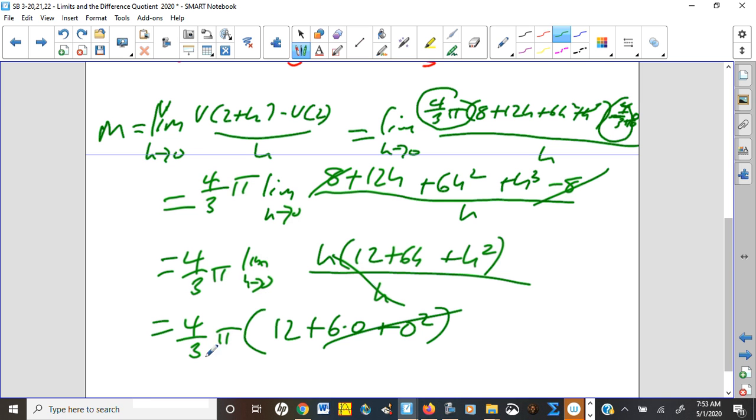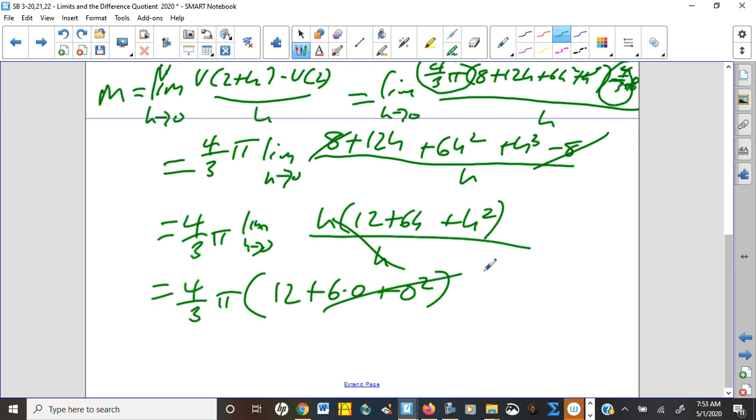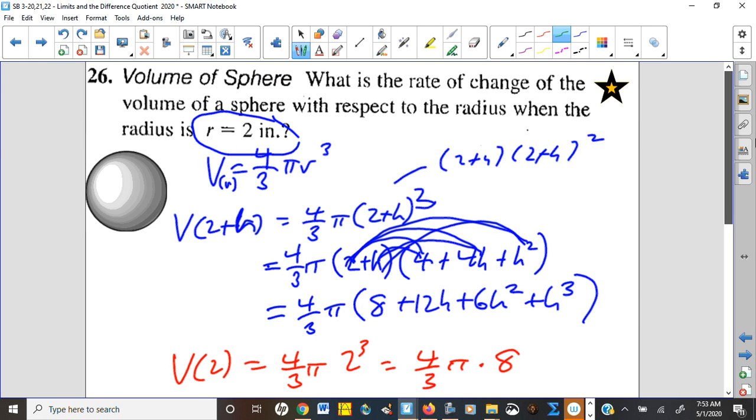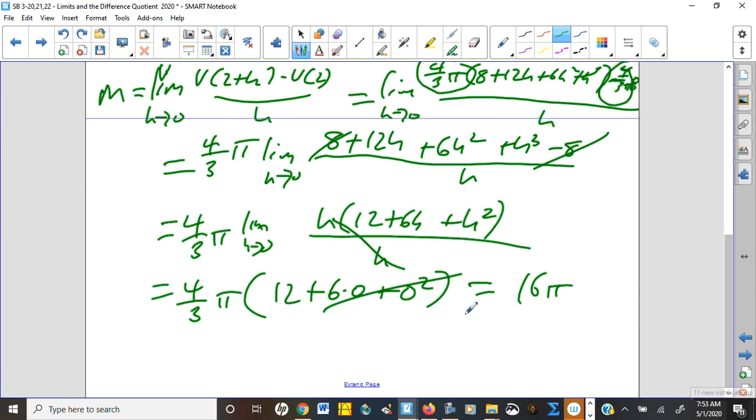So I really am just getting 4/3 pi times 12, which is 16 pi, I think. And that's going to be in, what were the units? The units were inches. So that would be in cubic inches. So the volume is changing 16 pi cubic inches per inch of radius that's changing.